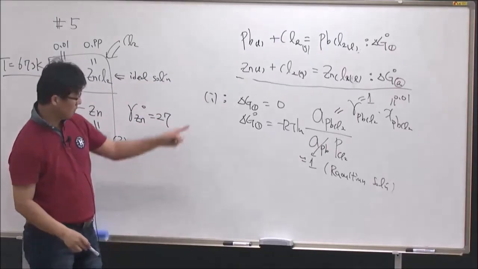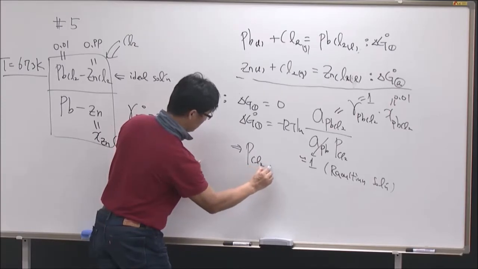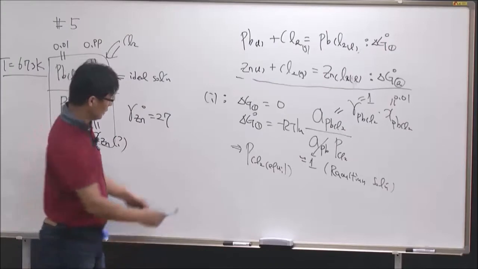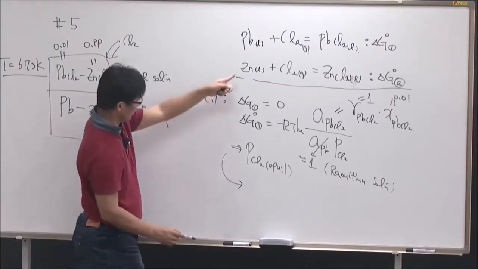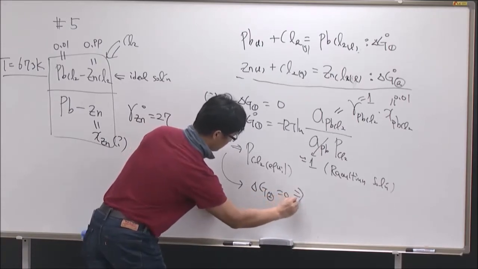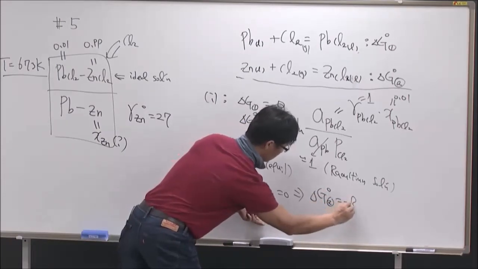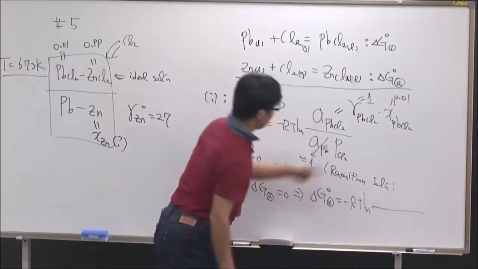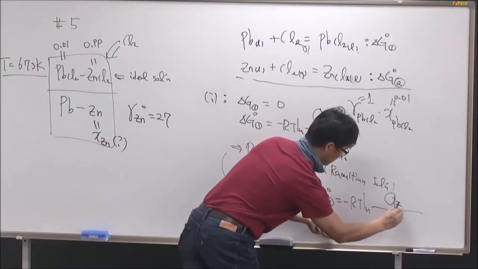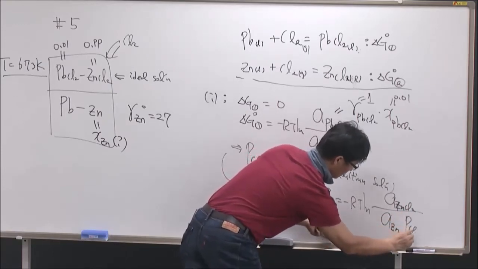Yeah? Then, from this, we can calculate PCl2 equilibrium gas pressure. Okay? And then, you can use this one for the second one. Delta G of reaction 2 equal to 0. So it means delta G naught of reaction 2 equal to minus RT ln. Now, same thing, activity of Zn, Cl2, activity of Zn, and PCl2.